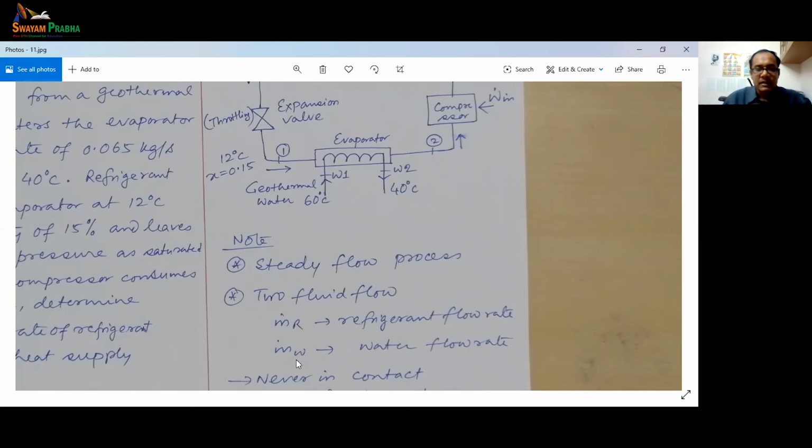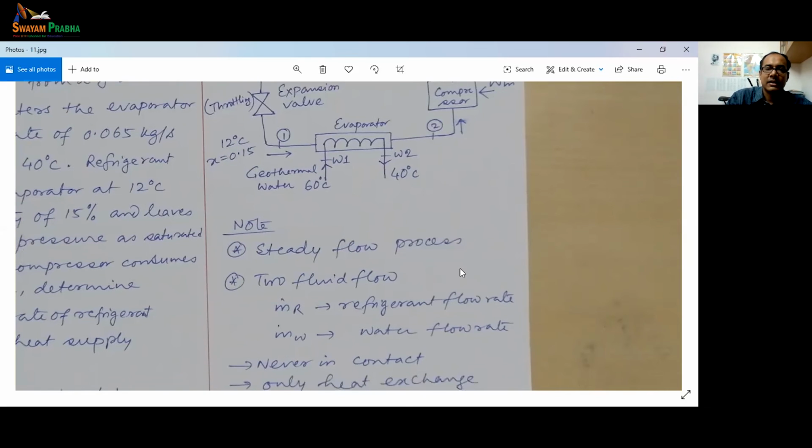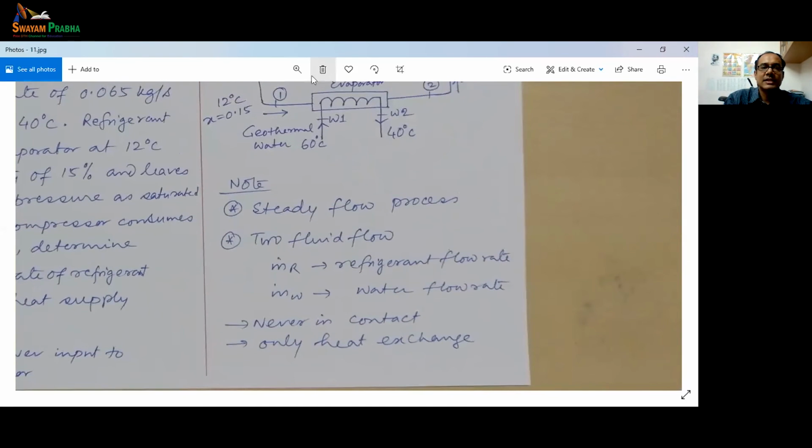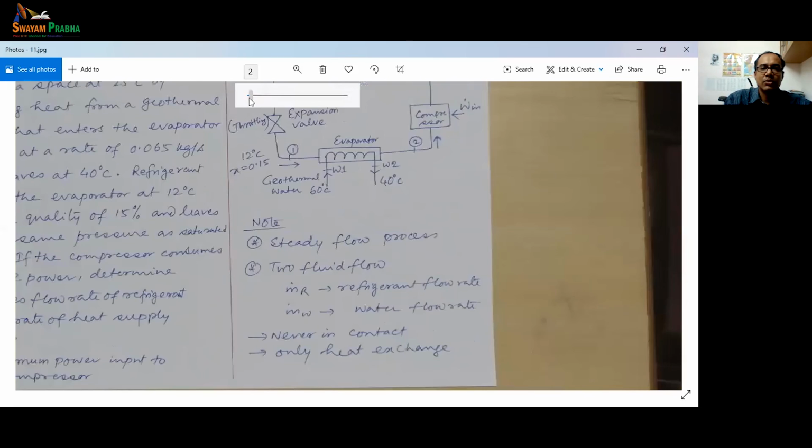Okay, and they are never in contact. They exchange heat between themselves, but they don't exchange mass. So water and refrigerant are not getting mixed in this evaporator, but they do exchange heat. Okay, so that's the condition that we are looking at here.